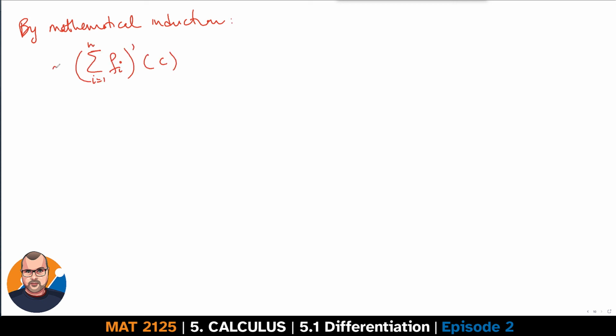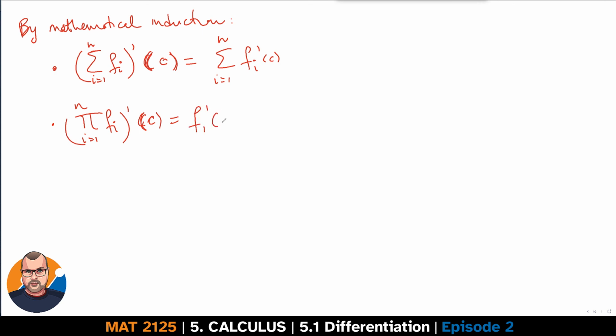The derivative of a sum of functions at a given point c, assuming that each of the individual functions was differentiable at c, is the sum of the derivatives, and the product of functions has a derivative. Well, this sum here is a little bit less obvious to write.